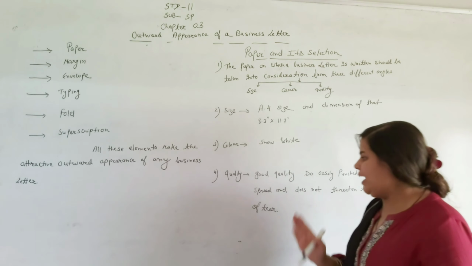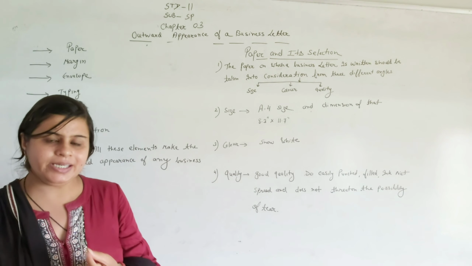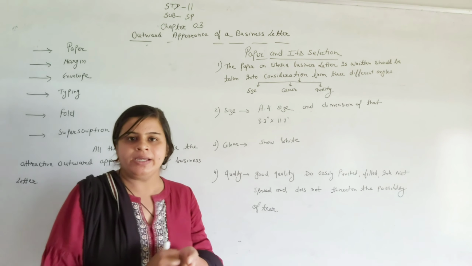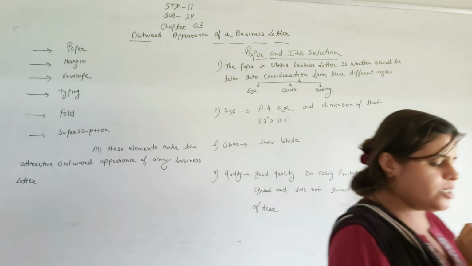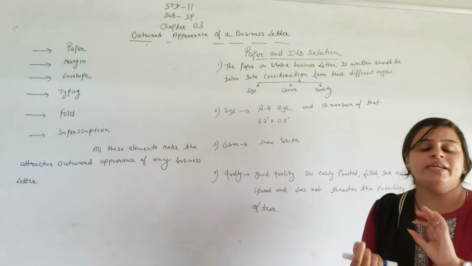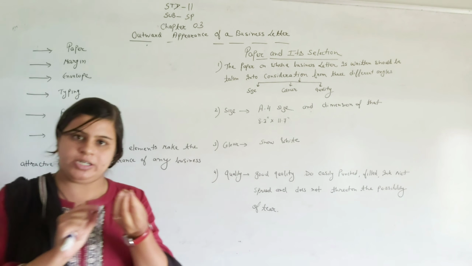Next is quality. The quality of the paper must be good. Ink should not spread on it, and there should be no fear of tearing, because we may have to punch it or attach more documents to the letter.